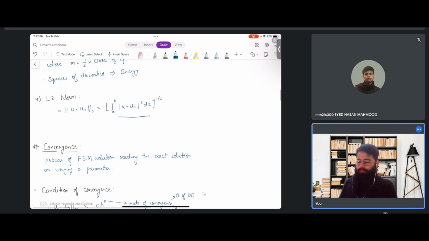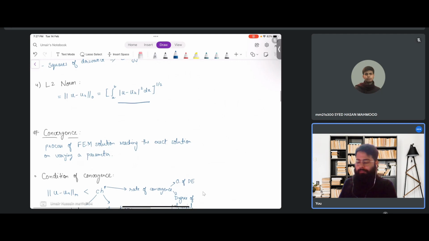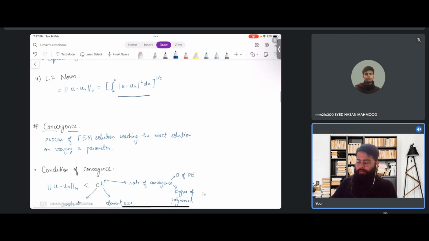Okay, then the next thing is the convergence. There are certain factors that influence the error in the solution that we studied initially, and if we change those factors, the error reduces or increases.